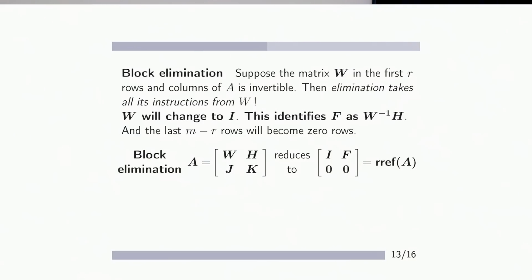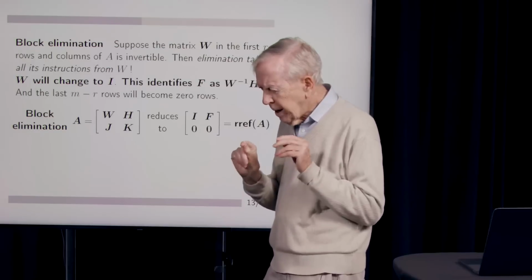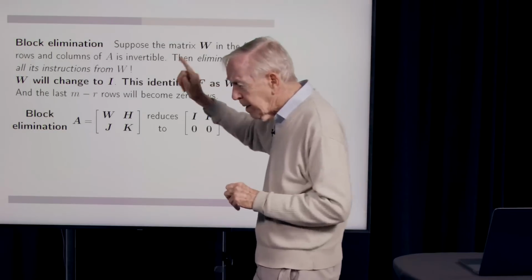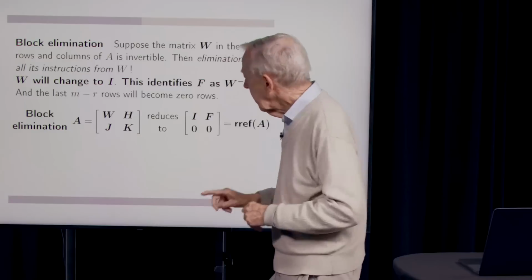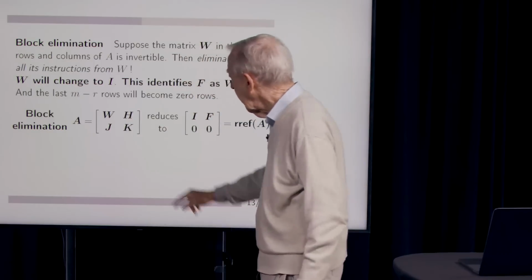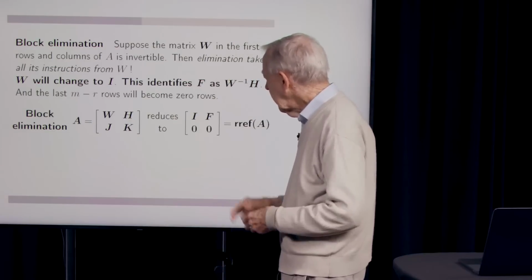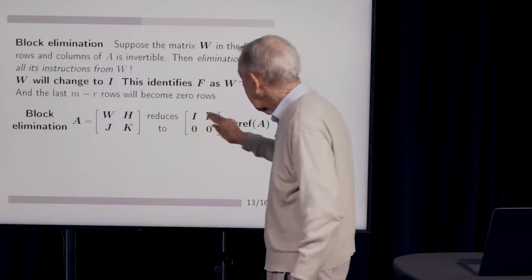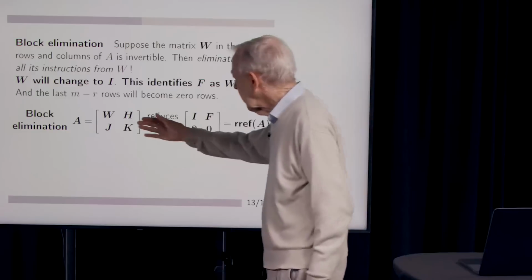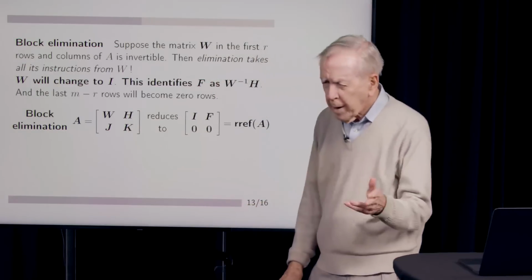I want to think about elimination, but let me suppose that I'm starting with a matrix, like my example, that has a square invertible matrix there. And what does elimination do? Well, we know that this is the result. So this is what goes in and this is what goes out. Just 2 by 2 block matrices.